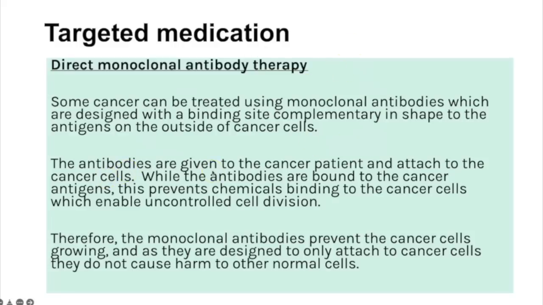While the antibodies are bound to the cancer cells, this prevents chemicals binding to the cancer cell, which would enable uncontrolled cell division. Therefore, the binding of these monoclonal antibodies prevents the cancer cells from growing. And as they're designed to only attach to the cancer cells, they're not going to harm any other normal cells.